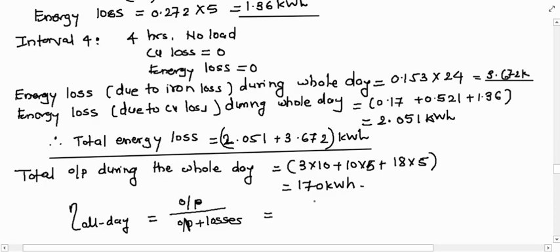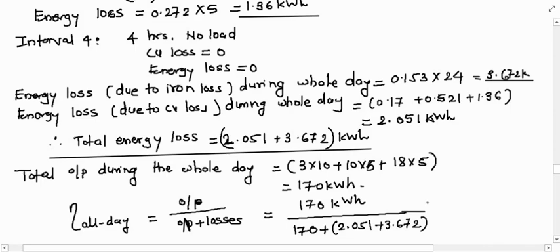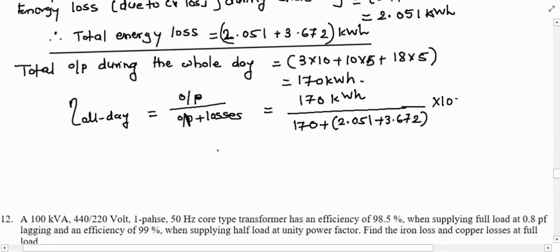The output is 170, so 170 divided by 170 plus the losses. Losses are these two: 2.051 plus 3.672, into 100. So all day efficiency you will get as 96.7%.